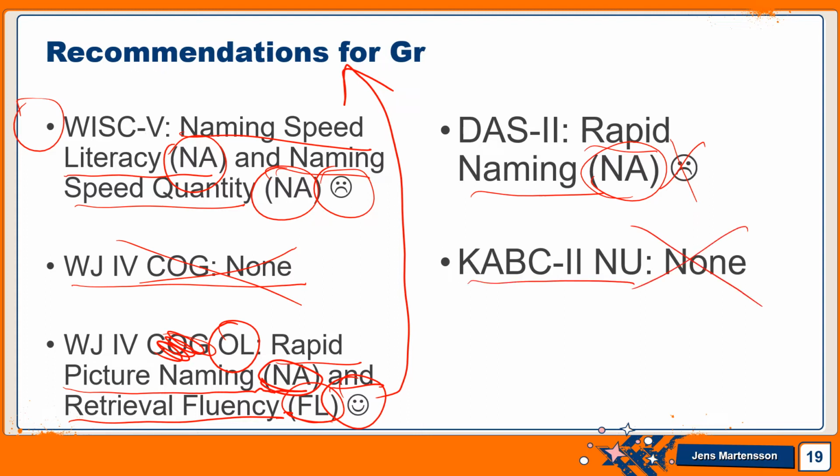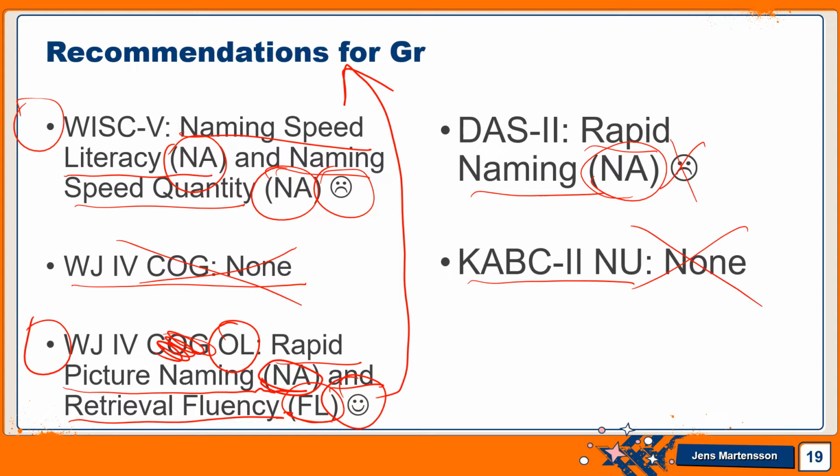So really your best option, if you want to get a composite of GR, is to give the WJ oral language tests. However, when you pick a test, you don't just pick it because you're trying to get a composite. You pick a test because it's appropriate for the situation and the child, right? So please, please, please, rapid picture naming is just a bunch of pictures.